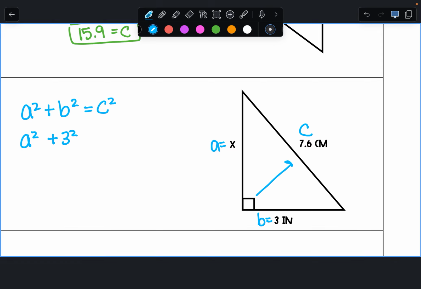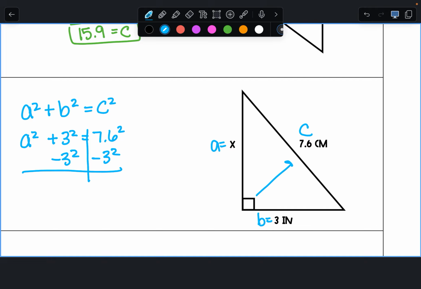A squared plus 3 squared equals 7.6 squared. So we subtract the 3 squared. When we do so, what do you get? 48.76. And then last step. So what do we get for side A? 6 point what?